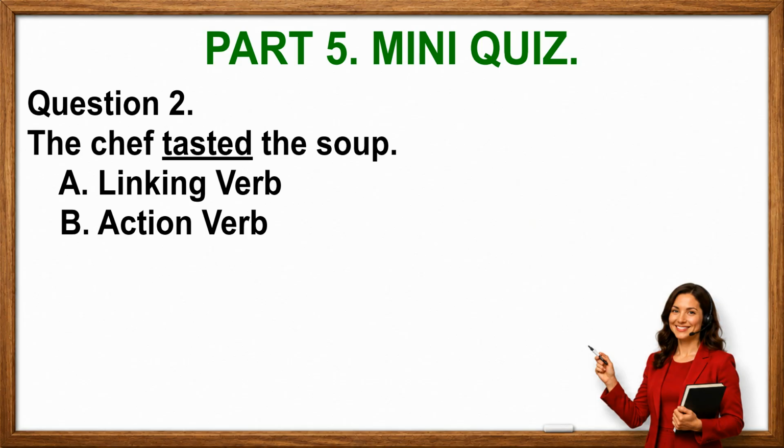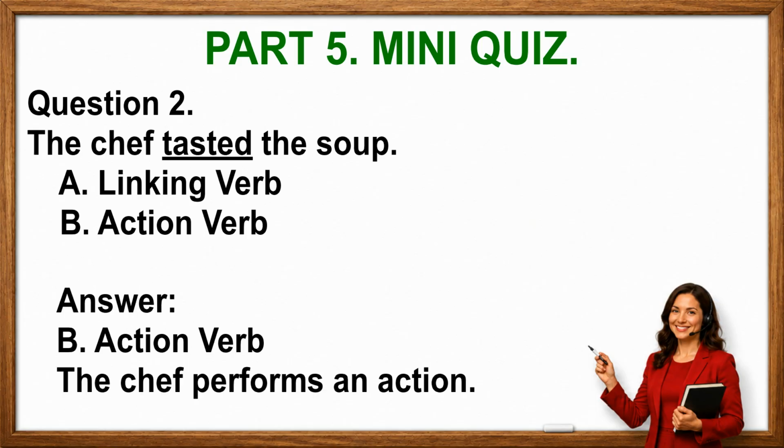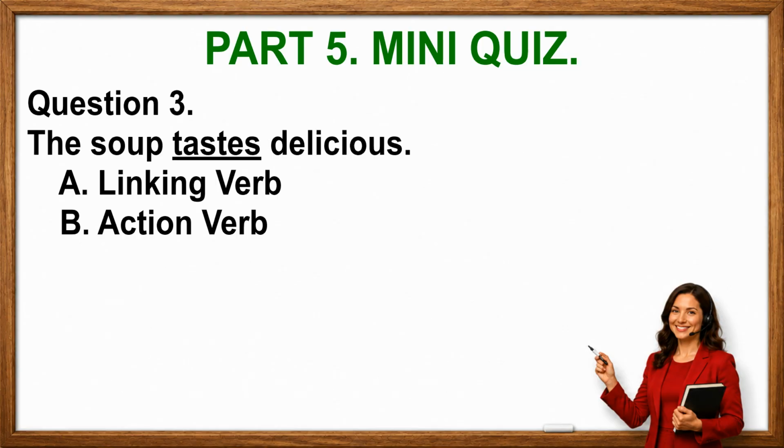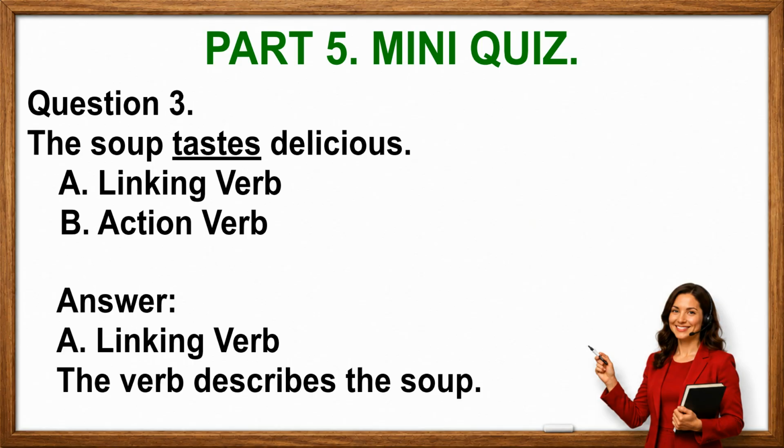A, linking verb, B, action verb. Answer B, action verb. The chef performs an action. Question 3. The soup tastes delicious. A, linking verb, B, action verb. Answer A, linking verb. The verb describes the soup.